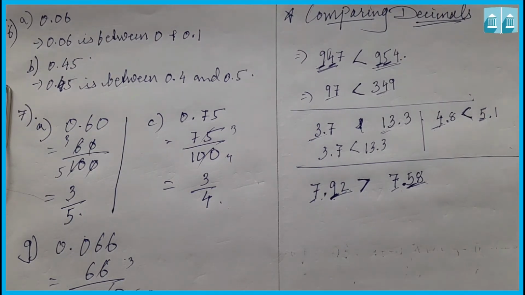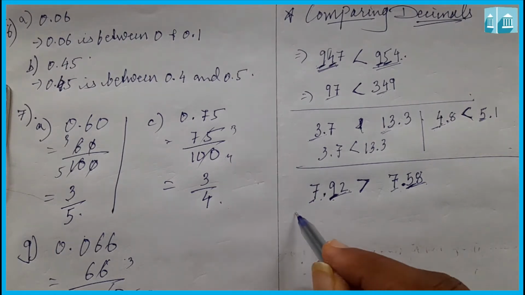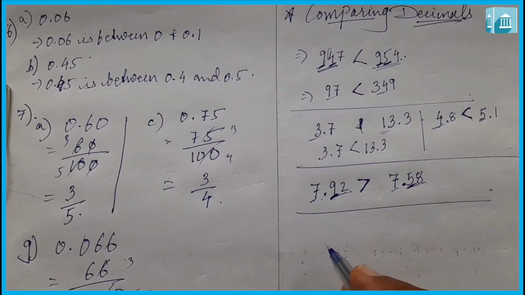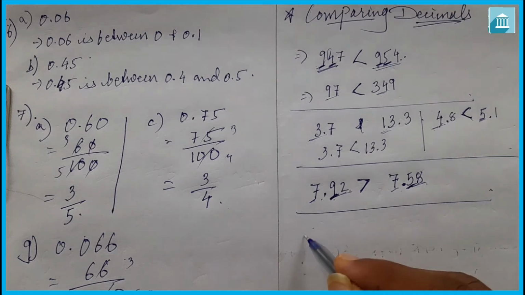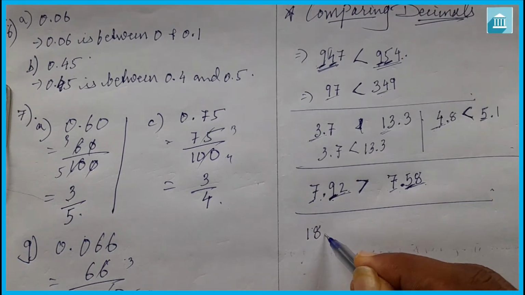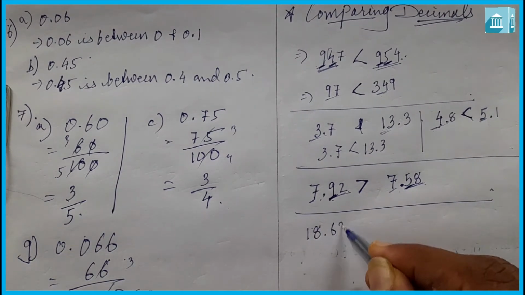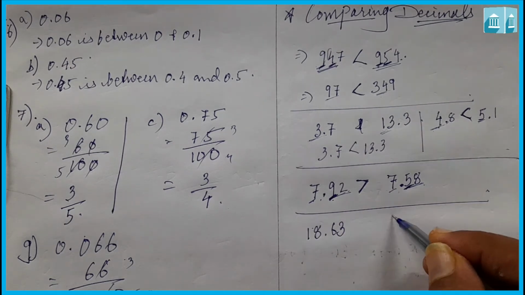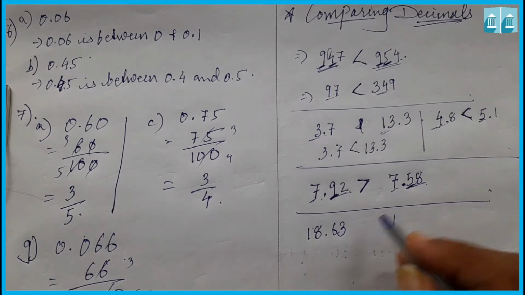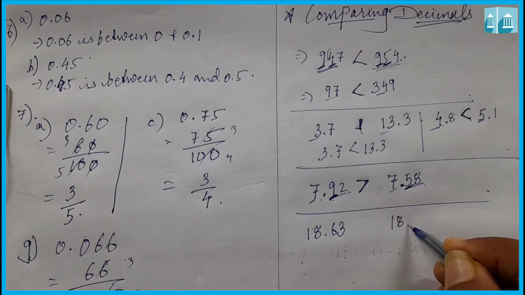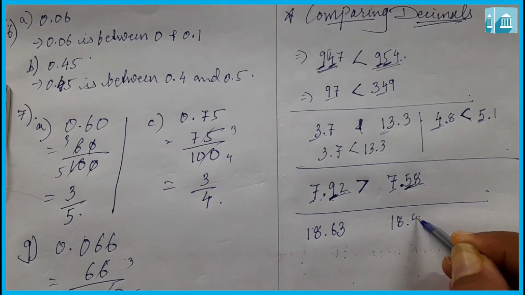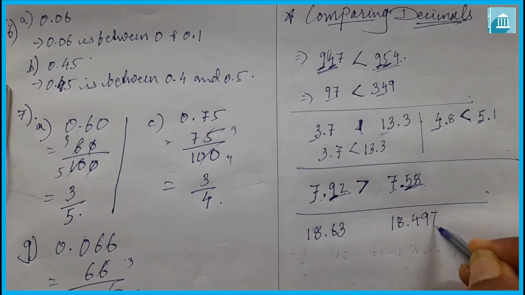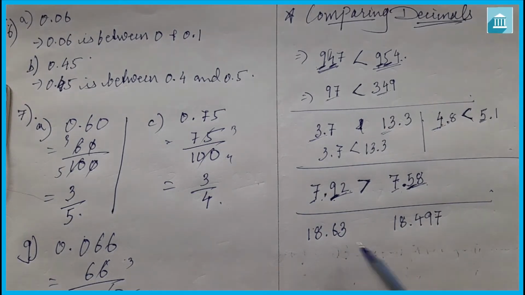Now let us see the case when the number of digits is not the same. For example, 18.63 and 18.497.